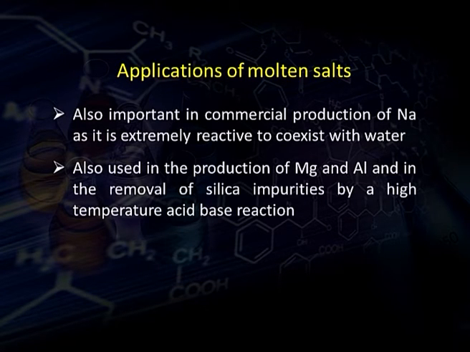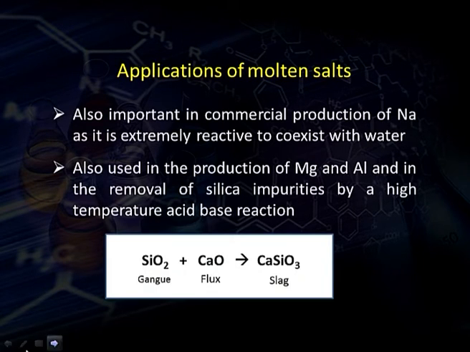It is also used in the production of magnesium and aluminium, and in the removal of silica impurities by a high temperature acid base reaction. So, from this reaction we have gangue, which is SiO2, plus calcium oxide, which is called flux. These two together form slag, that is CaSiO3.